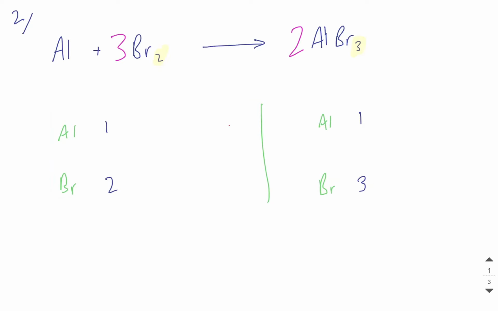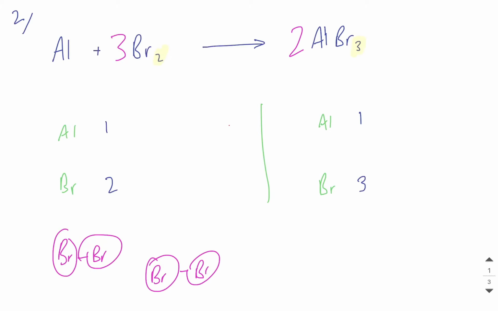So I have now got, on the left-hand side, 3 Br2s. So I've got 3 of these things. Each molecule is still 1 bromine stuck to 1 bromine, but now there are 3 of them. So overall, I've got 1, 2, 3, 4, 5, 6. So I've got 6 of these on the left-hand side now. Over here, same thing.